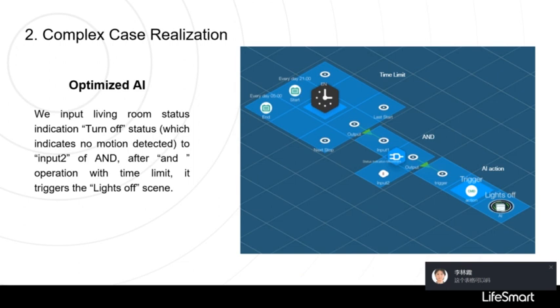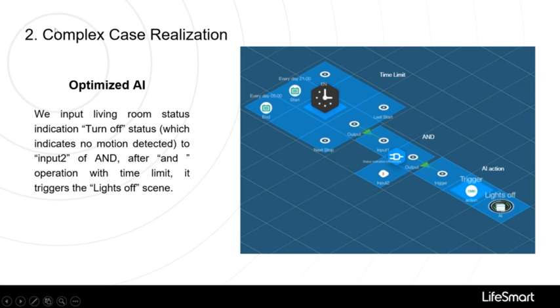Okay, so this is an optimized AI. As we can see, it is very simple and just uses 3 blocks to realize this night mode function: the time limit block, the AND block, and the AI action block. The time limit block, as before, is used to determine whether the actual time is within that time period.